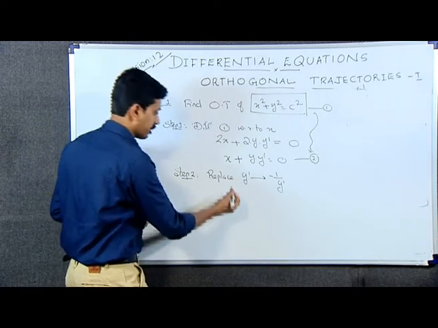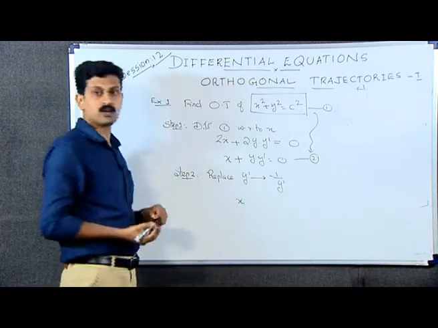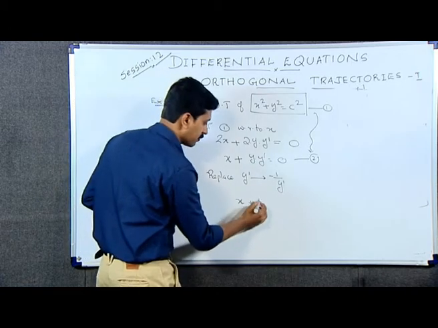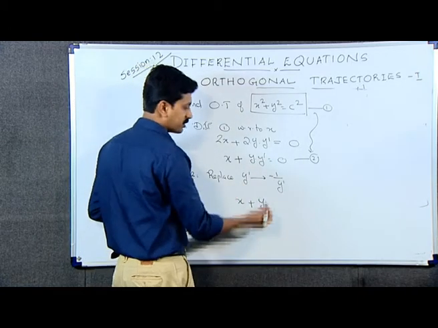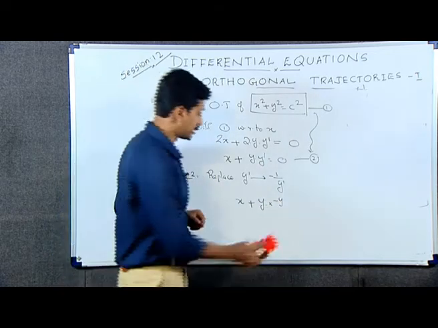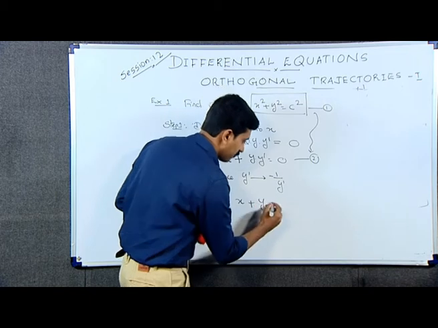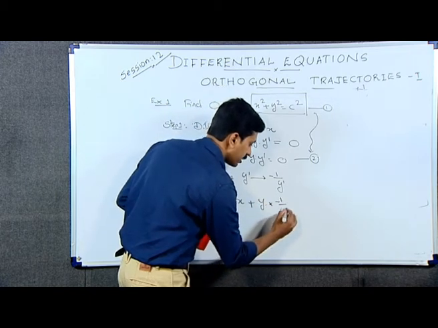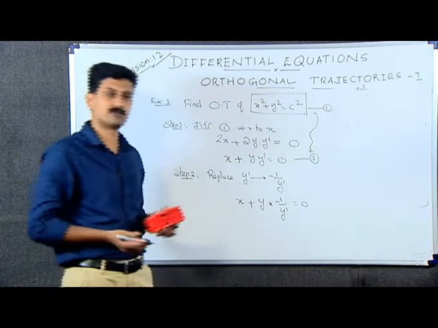Equation 2 becomes x plus y into minus 1 by y dash equal to 0.